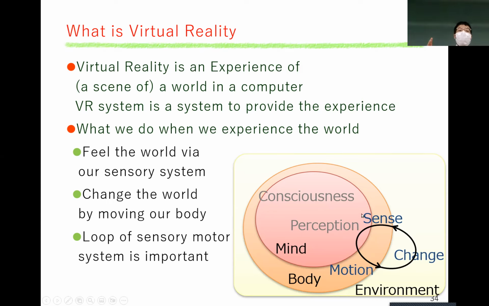Then we feel as if we are in the world. If no change occurs, then even though you perceive the world, you cannot do anything. That means your body is not in the world. So this cannot give a virtual reality experience. So this loop is important.